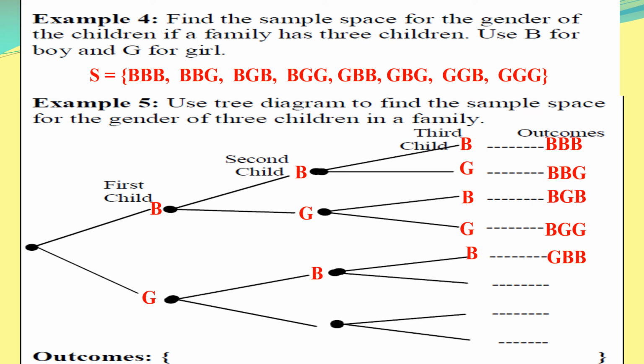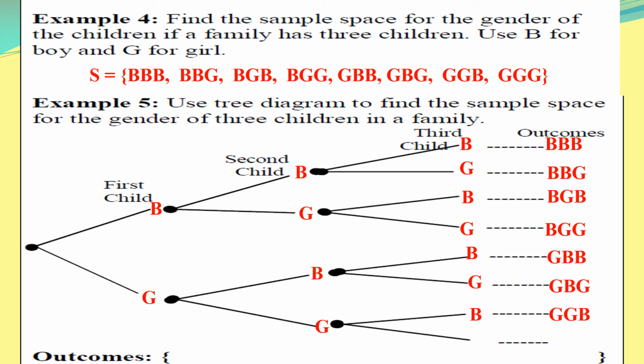If the first child is a girl, second child is a boy, and the third child is a girl, then we have girl, boy, girl as the outcome. If the first child is a girl, the second child is a girl, and the third child is a boy, then we have girl, girl, boy as the outcome.